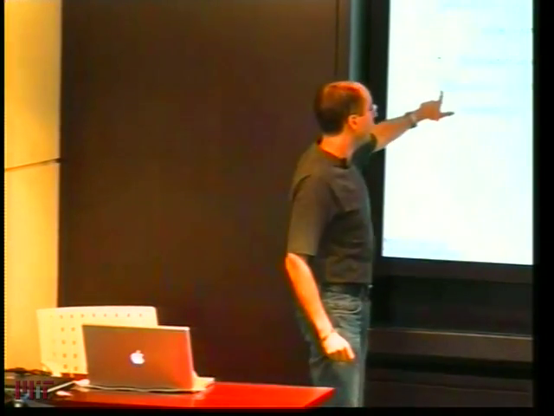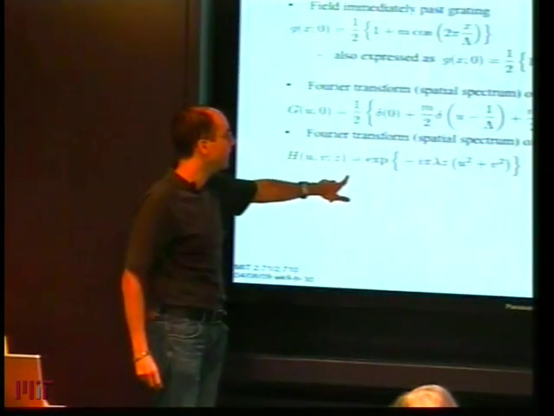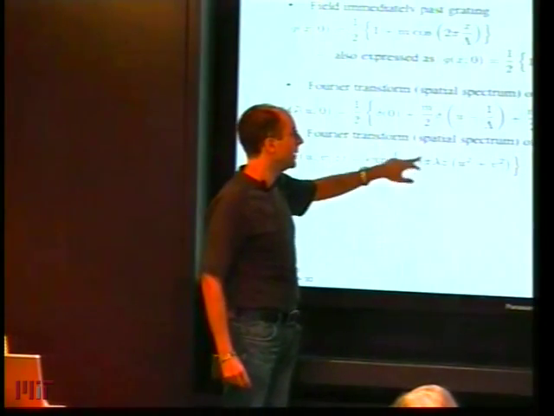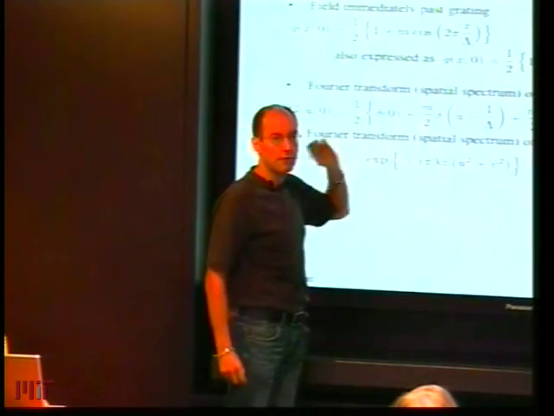All I have to do is multiply the Fourier transform of the grating itself with the Fourier transform of the Fresnel propagation kernel, which is another quadratic phase delay. And this multiplication is very easy to do because I'm multiplying a function that I know with a bunch of delta functions.